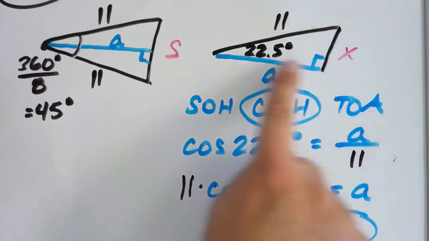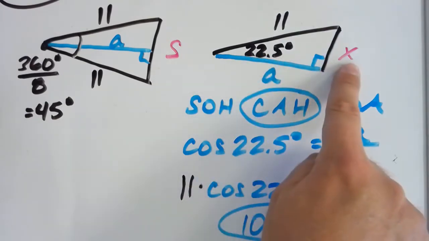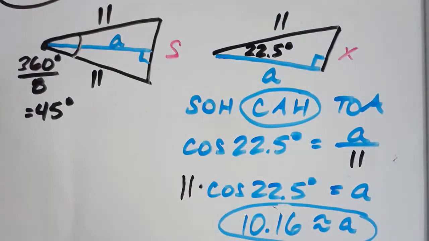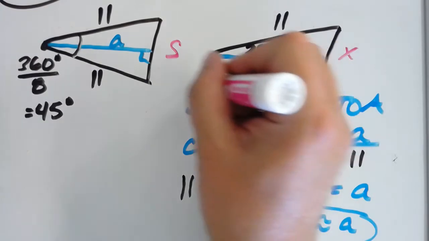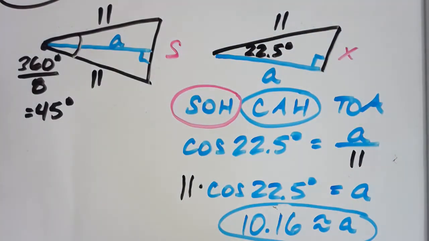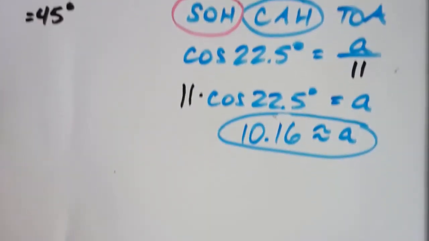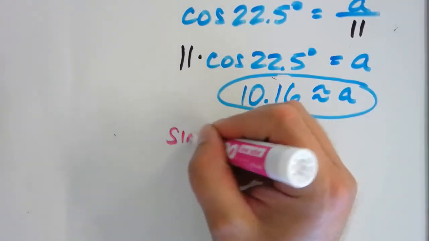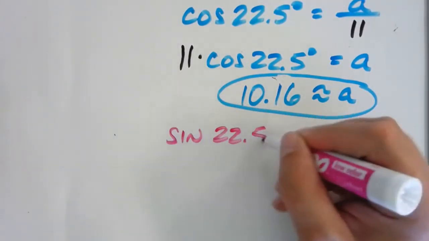So that's opposite side to that 22.5 degrees and still hypotenuse. So opposite O, hypotenuse H. I'm going to be using SO or sine right here. Let me drop down below here. So I'm going to use the SO or sine now of that same angle measurement, 22.5 degrees.